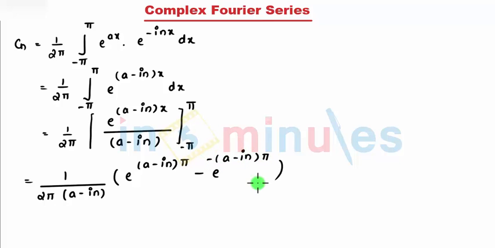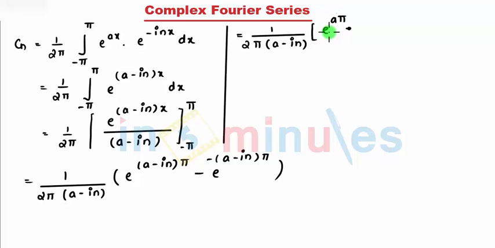So now after solving this, I get 1 divided by 2 pi into a minus i n, then e raised to a pi into e raised to minus i n pi, minus e raised to minus a pi into e raised to i n pi.